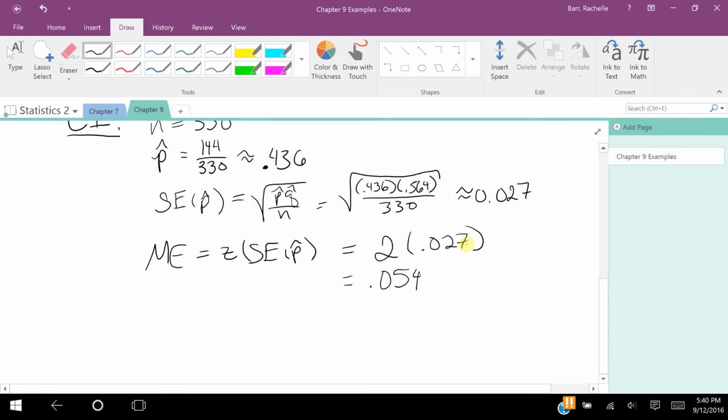I'm saying about here because I know this value, the 0.027, is rounded. Alrighty, now we can construct our confidence interval. So I'm going to take 0.436, which was our p hat, and add and subtract from it this 0.054. I should have put a 0 here to make it clear where that decimal point was. So I'm going to both add and subtract that, and that'll give me my interval.